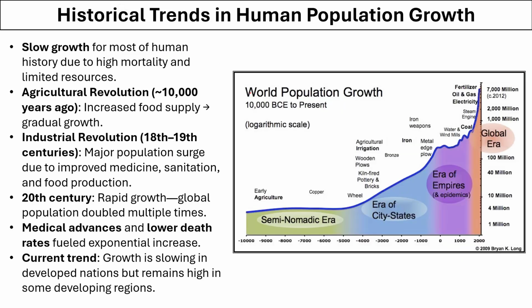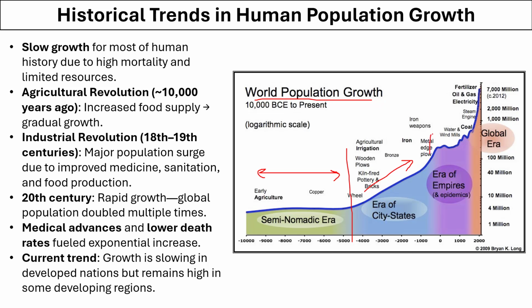If we look at the trend of human growth, then we see that before the invention of agriculture, the growth was fairly slow. That is because of high mortality rate and limited food resources. With the advancement in agriculture, the growth started to increase because more food was available.